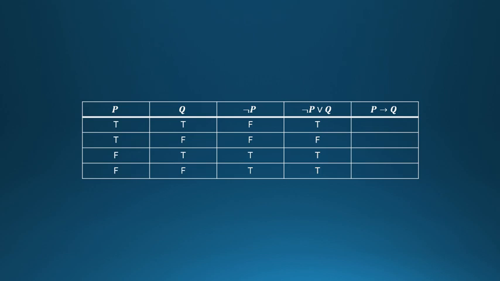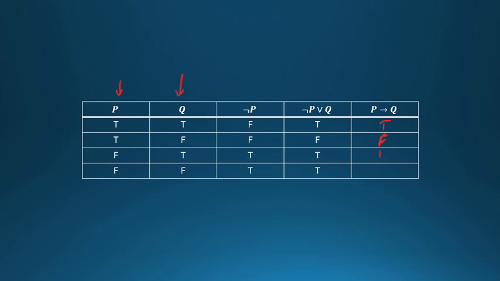And now we have the final column, P implies Q. This is just straightforward. Do you recall the truth table for the conditional and what it does? We're working with these 2 columns. True implying a true gives me a true. True implying a false is a false.